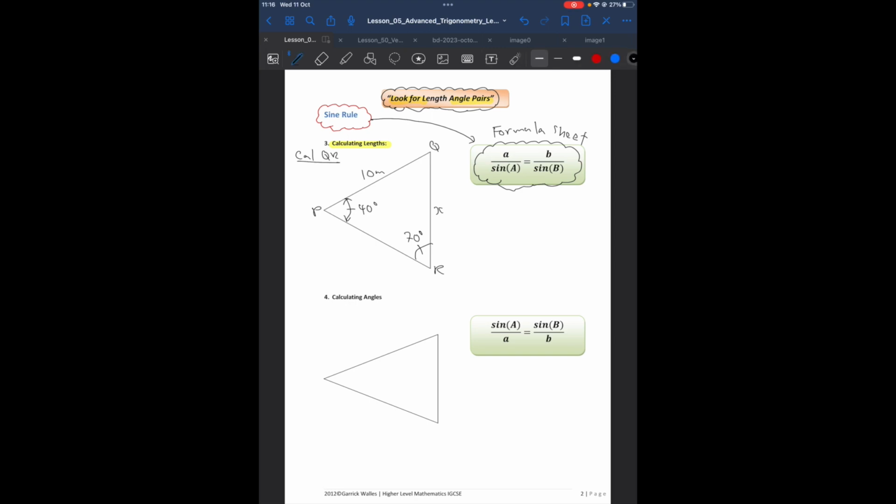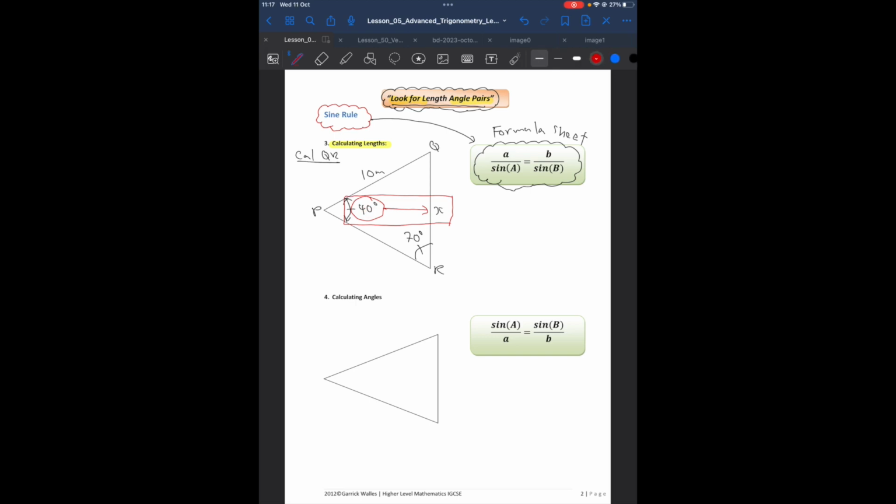Now, this whole concept of length angle pairs basically refers to an angle and the length which is opposite the angle. So if you look at the 40-degree angle, that 40-degree angle looks at the length x, and that's what we call a length angle pair. It's basically the angle and the length which is directly opposite that angle.